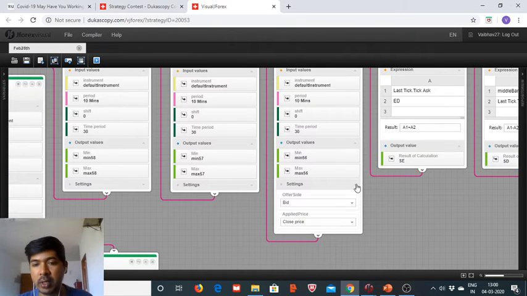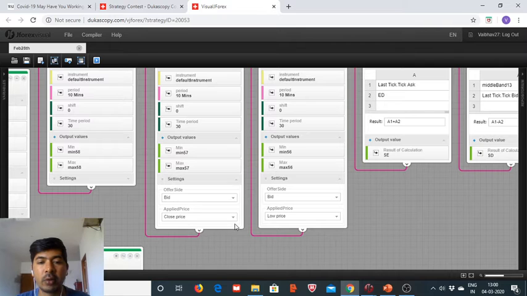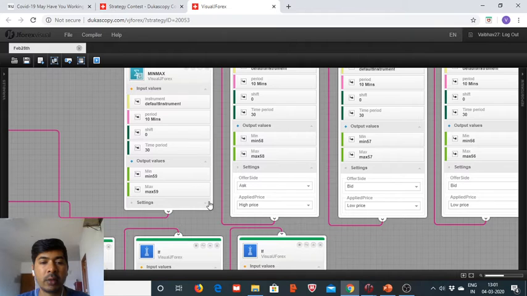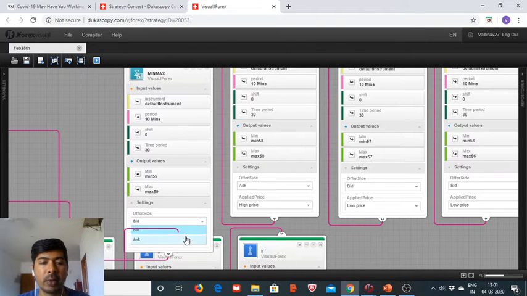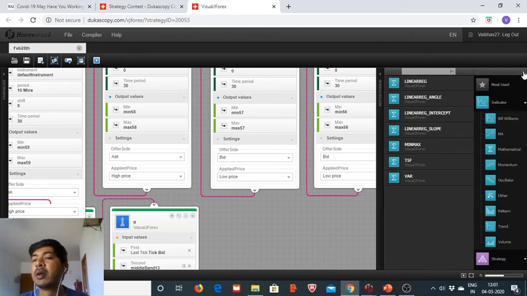And we will need to hurry up as the time is also running fast. Bid, we will go for the low price, here also low price, here the ask and the high price, here also the ask and high price to define the maxima.